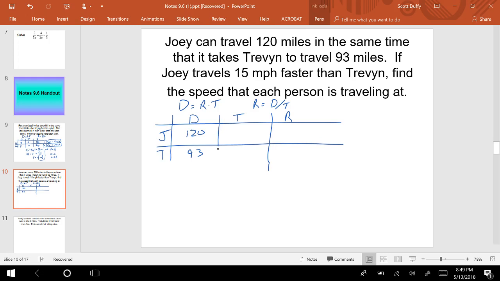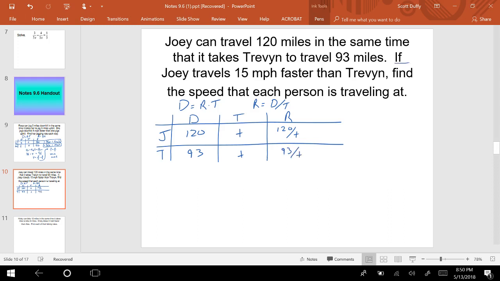So under the distance, I put their distances, but as far as the time goes, we don't know what that time is. We just know that it is the same time, so I'm going to put t for each of these. The rate is equal to the distance over time. So for Joey, it would be 120 miles divided by whatever that time is. And then for Trevin, it would be 93 miles divided by whatever that time is.